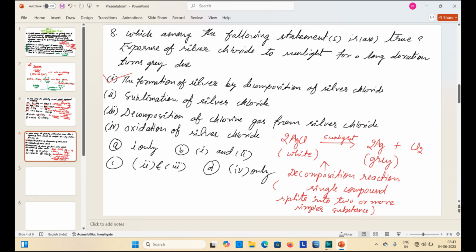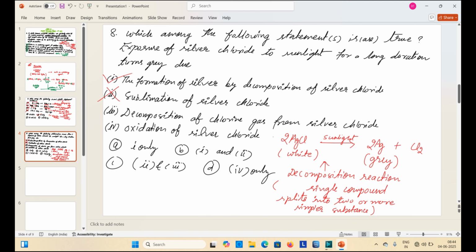Look students, no sublimation is taking place here, because sublimation is the process in which a solid directly converts into gas without the formation of liquid. Here no solid is changing into gas, so no sublimation is taking place. Here the decomposition is taking place.